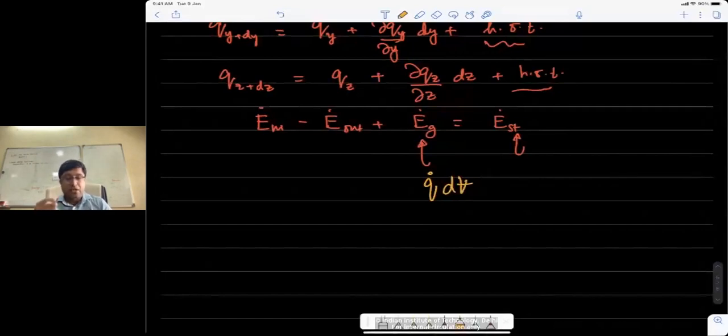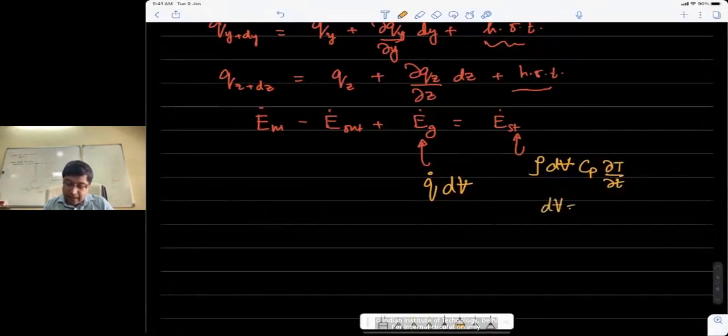Similarly, for the storage term, assuming there is no phase change, which is a key assumption here, the storage term will only correspond to change in temperature. So I can write this as rho dV, which is the mass, times specific heat, times the rate of change of temperature, sort of like m cp delta T, which we use in thermodynamics. dV is the volume of the differential element, which would be dx dy dz.